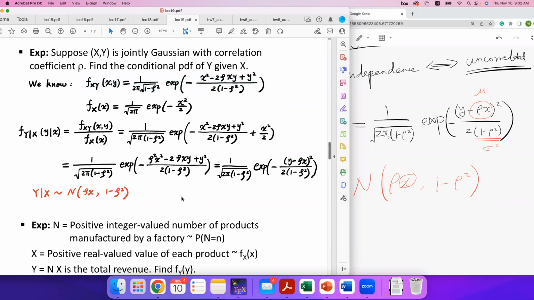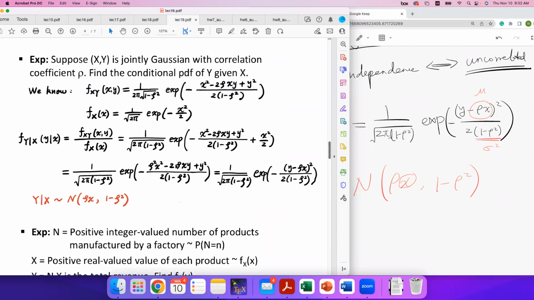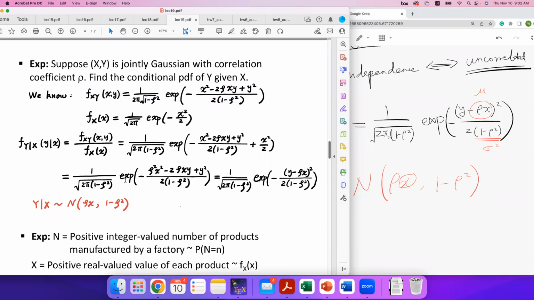They are symmetric. So you can see if these two are jointly Gaussian, then everything will be Gaussian. Their marginal distribution will be Gaussian, and the conditional distribution will be Gaussian. This is a very nice property of the Gaussian.